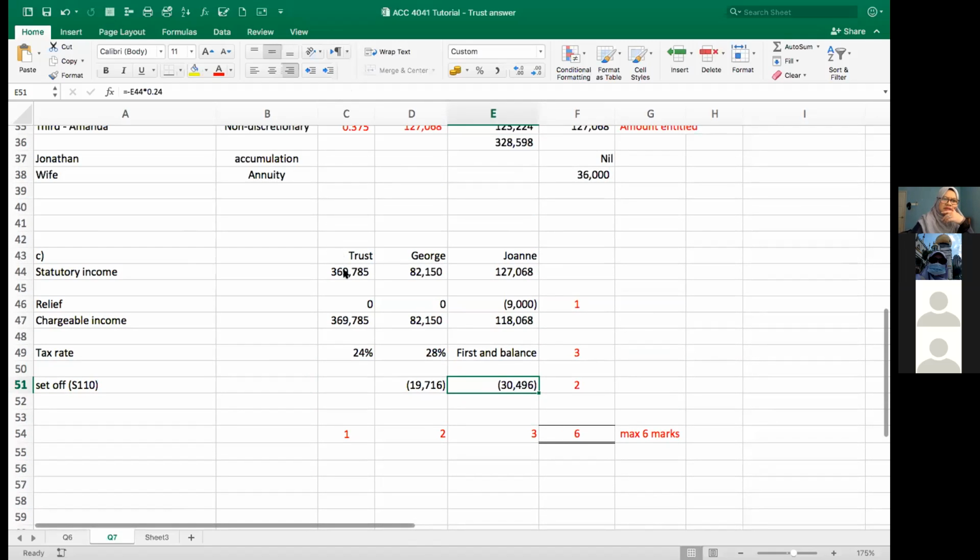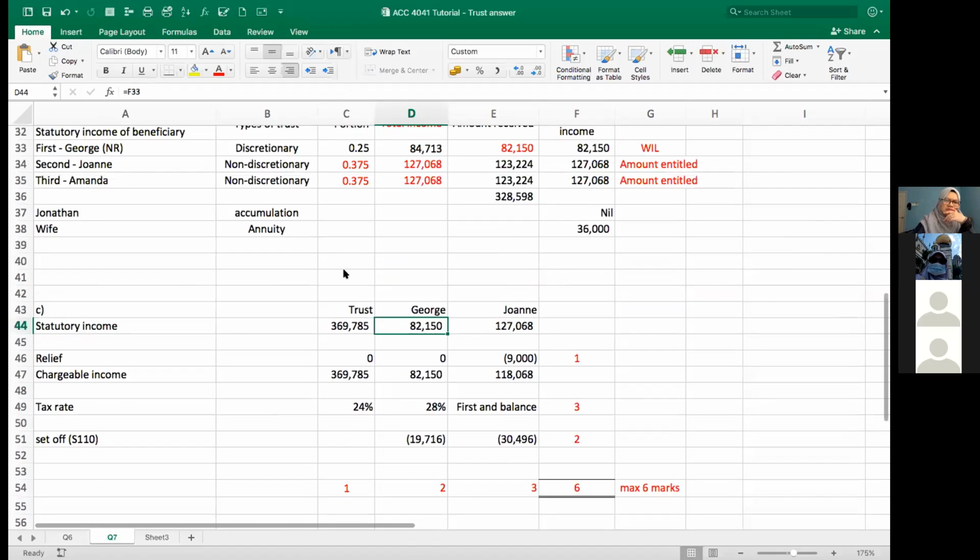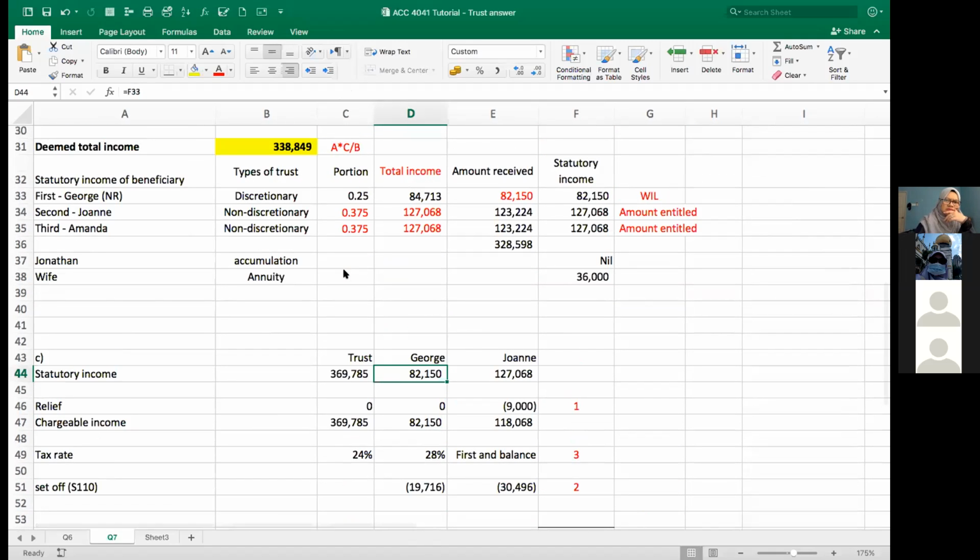Why the statutory income of the trust? It's based on 24% of statutory income. Should be times the 975, right? The 51%, I mean, sorry.